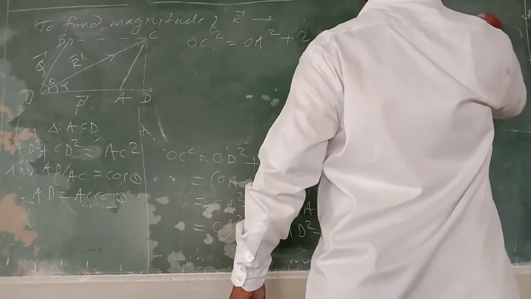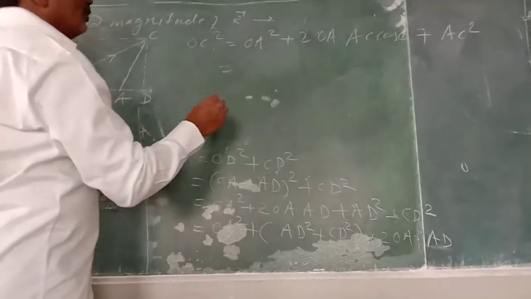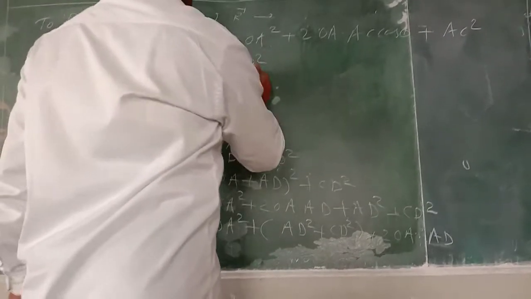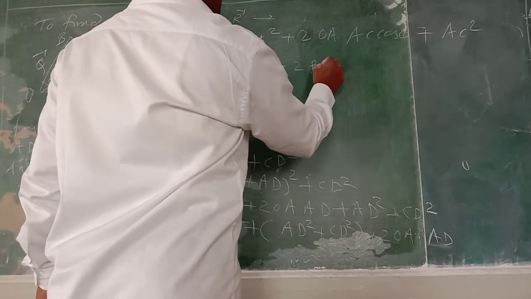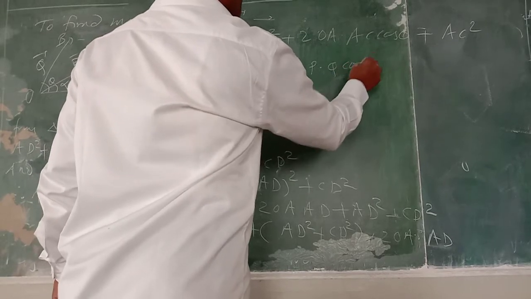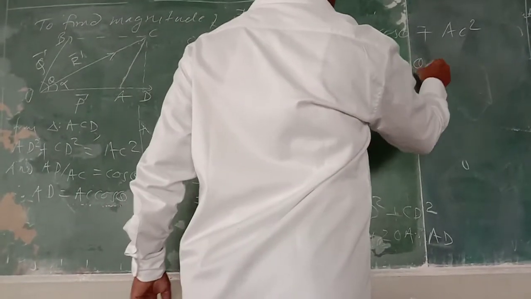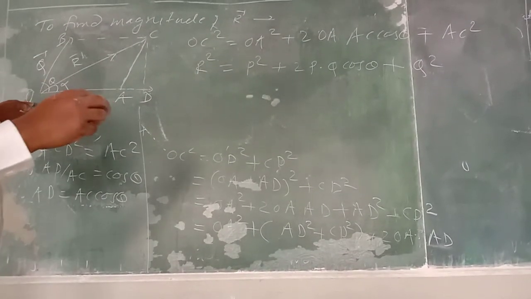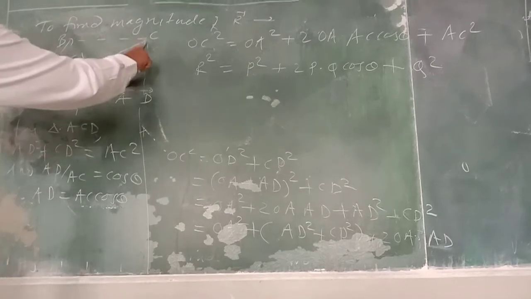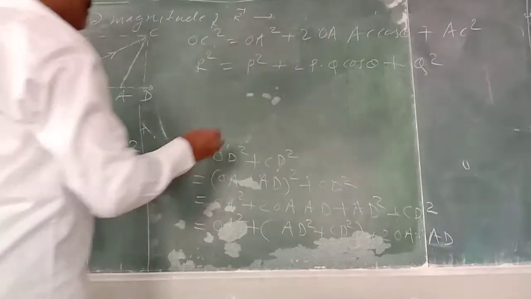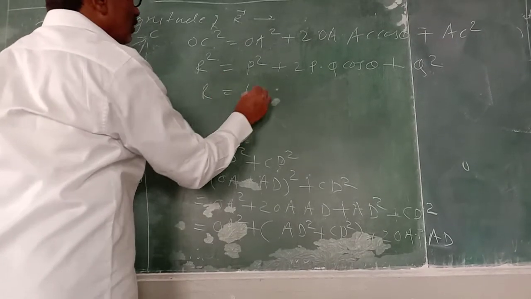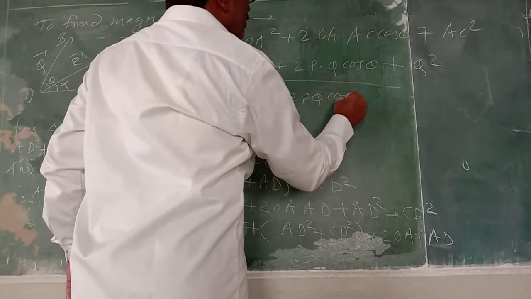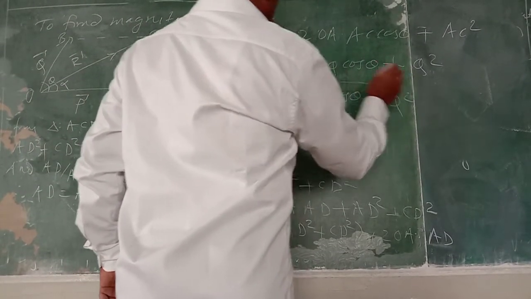That is equal to, OA is P, OC is R, so P square plus twice P Q cos of theta plus Q square. Therefore, R equal to under root of P square plus twice P Q cos of theta plus Q square.